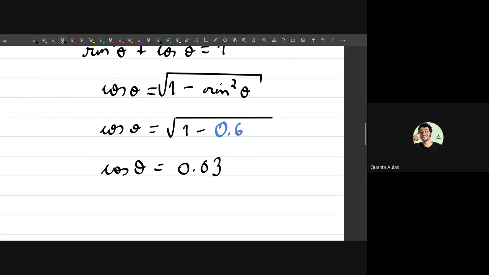Okay, we have the cosine of theta, but you can realize we don't know what theta is. We don't know the angle. This is very cool because we know the sine and the cosine, but we don't know theta. This situation will repeat in your exercises, in your proofs.